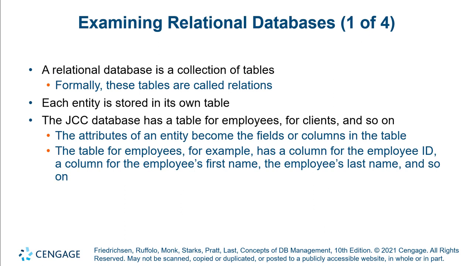In the employees table, we have last name, we have employee ID, title, things like that. Same with all the other tables, clients, projects, they all have their own attributes. And so these attributes of these entities are the fields or columns for the table.